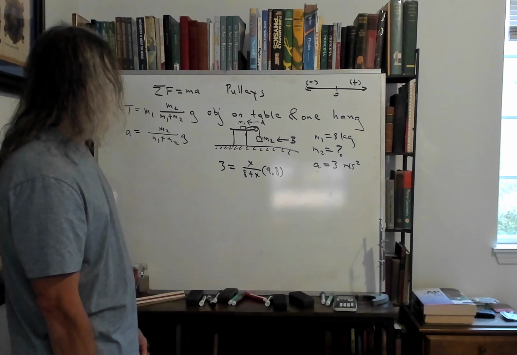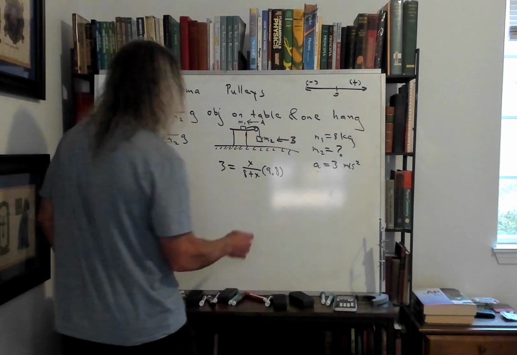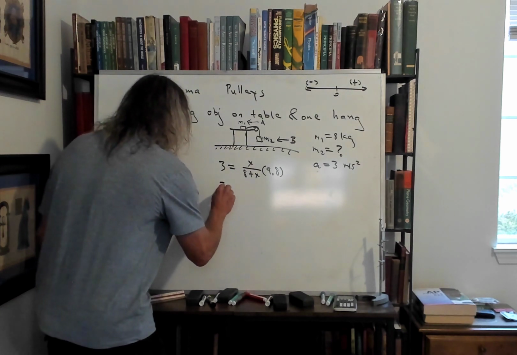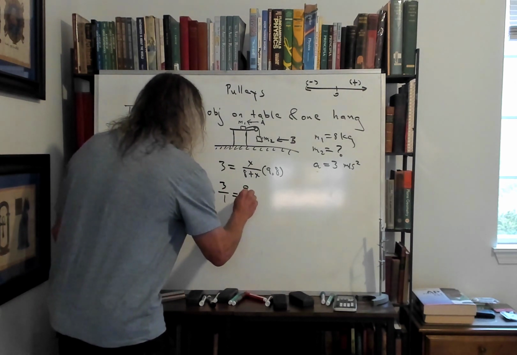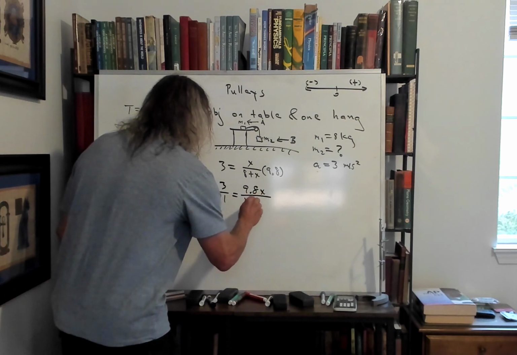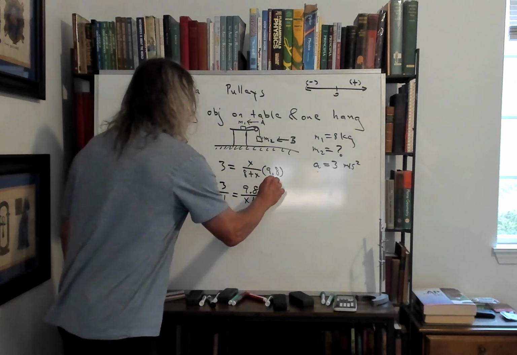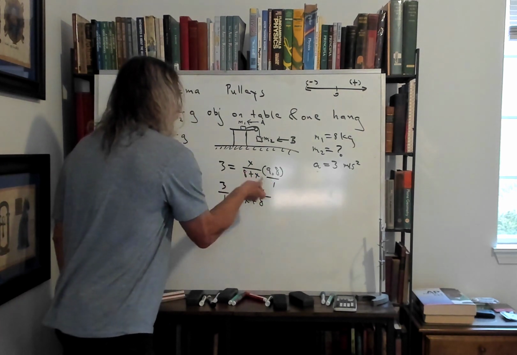And then solve that. So we could put the 9.8 on top. It looks like 9.8 over 1. 9.8 times x, 1 times this.